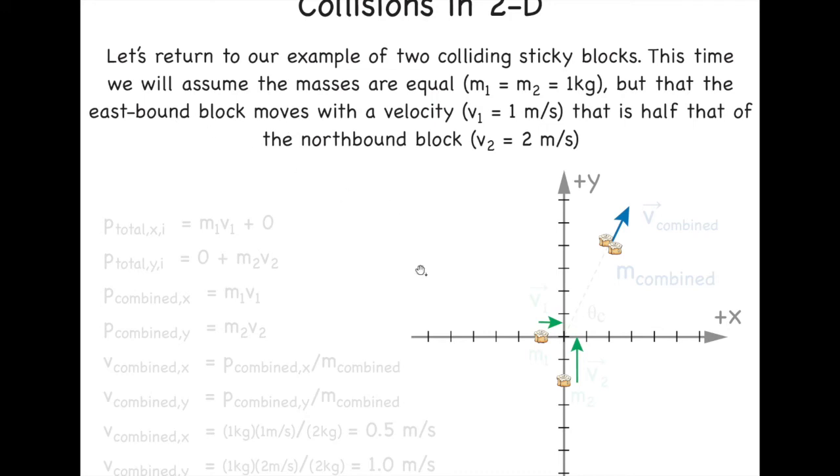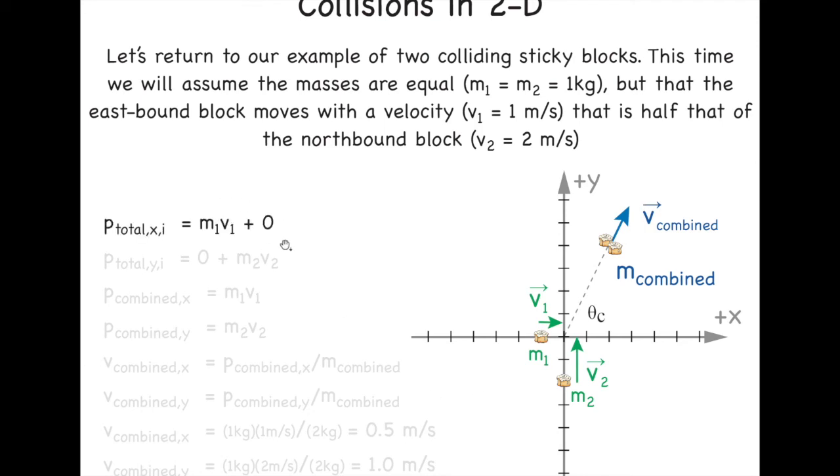The eastbound block is going to be moving at 1 meter per second, which is exactly half that of the northbound block. The block that's moving straight north has 2 meters per second of velocity. All right. So when they meet at the origin, they're going to combine, and they're going to move off at some angle.